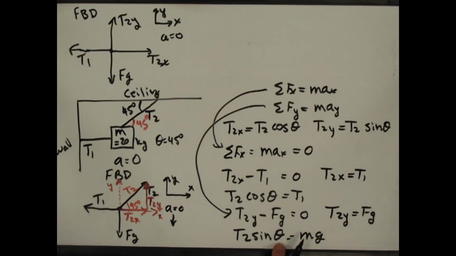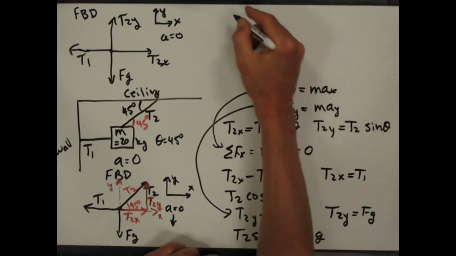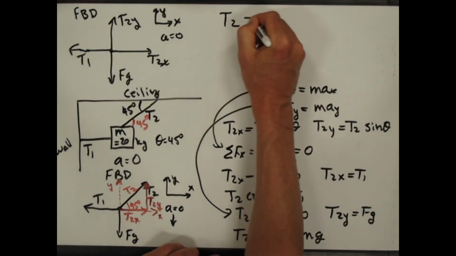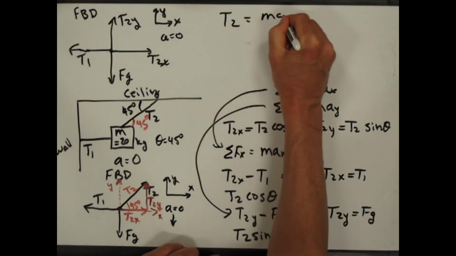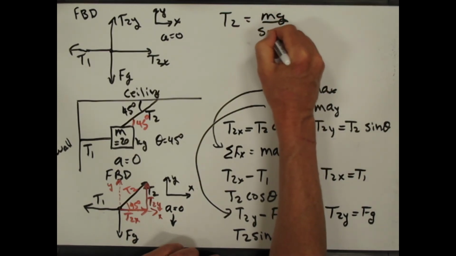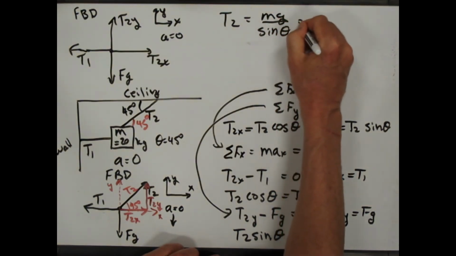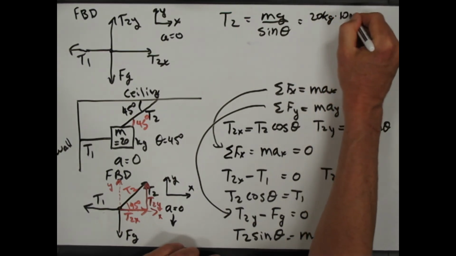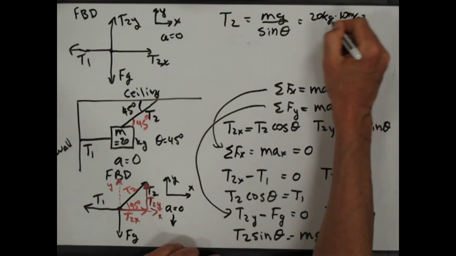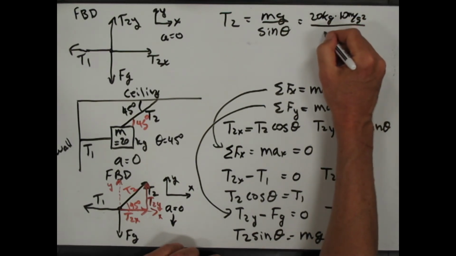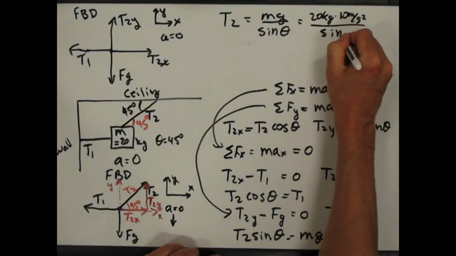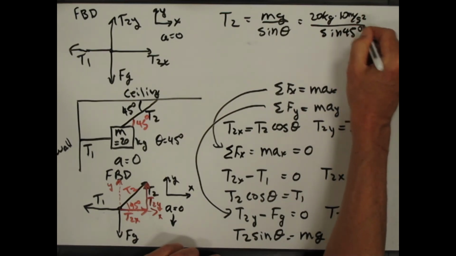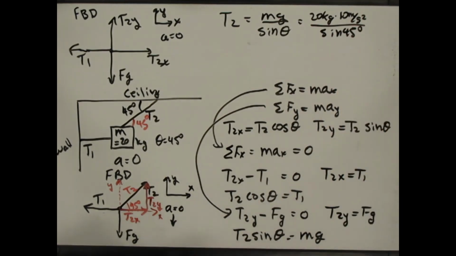Well, I know what theta is. Theta is 45 degrees. And so I can say, look, T2 is equal to mg over the sine of theta. And that's equal to 20 kilograms times 10 meters per second squared over sine of 45 degrees.